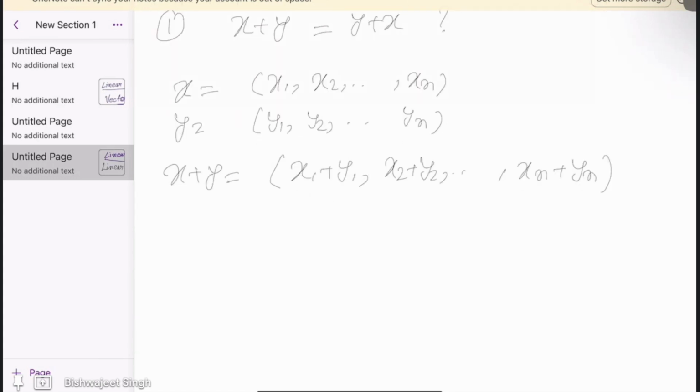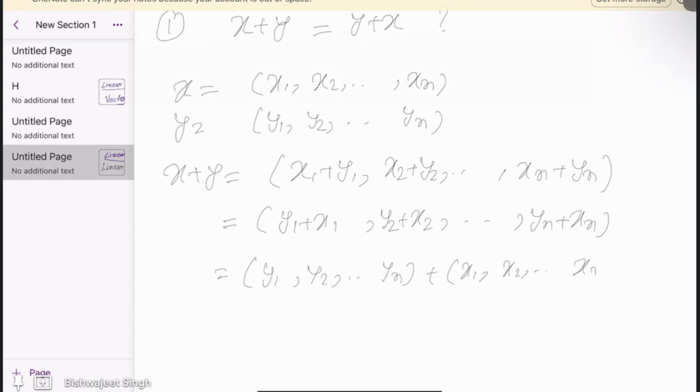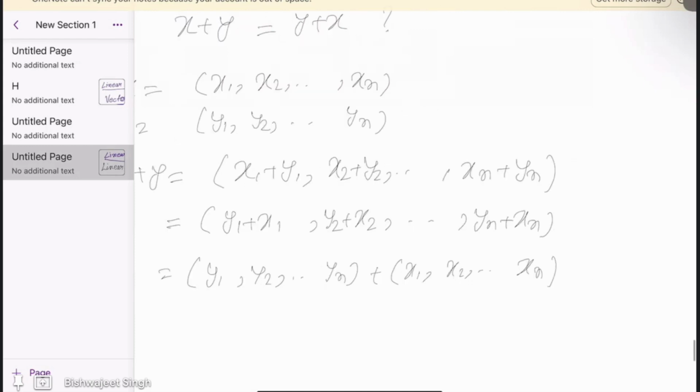Now coming back to this, I can write y1 plus x1, y2 plus x2 up to yn plus xn, and this I can write as y1, y2, yn plus x1, x2, xn. Why can I write this?